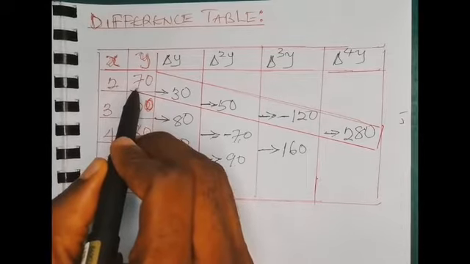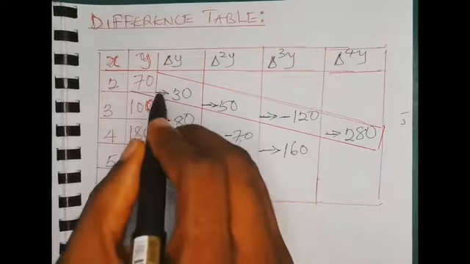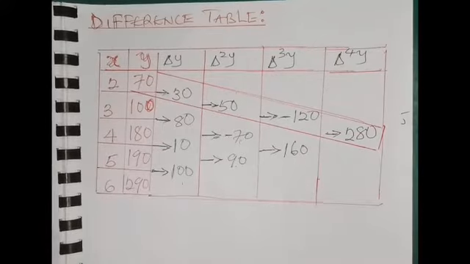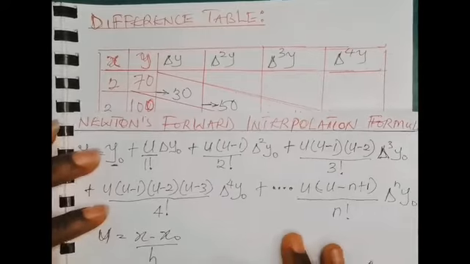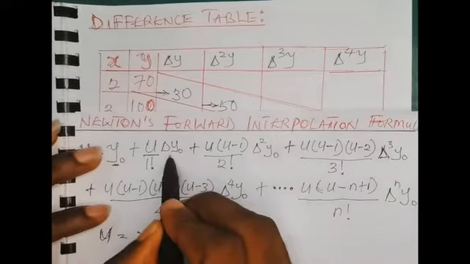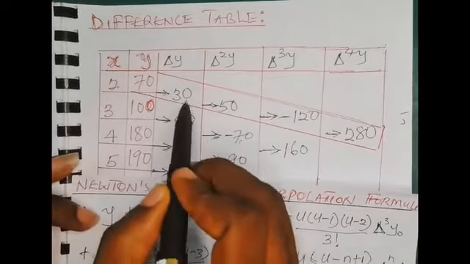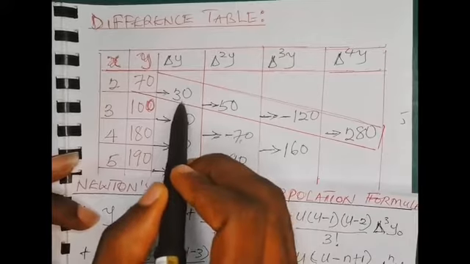The very first value of the entry is called y naught. This is called delta y naught, as can be seen from the formula. So in the formula we have delta y naught. This is called the first difference, delta y naught.